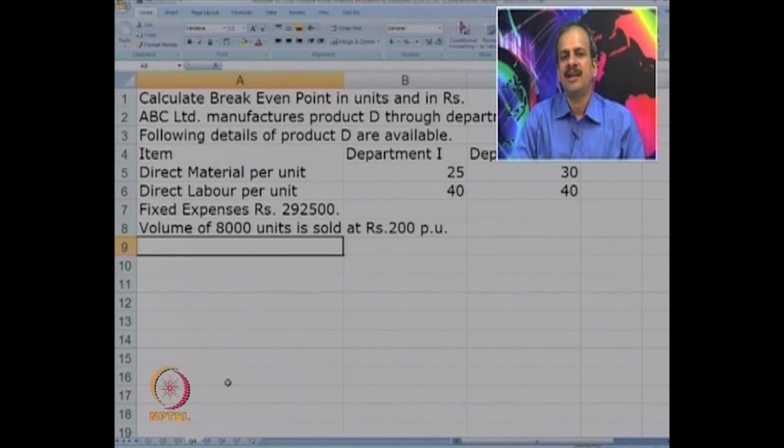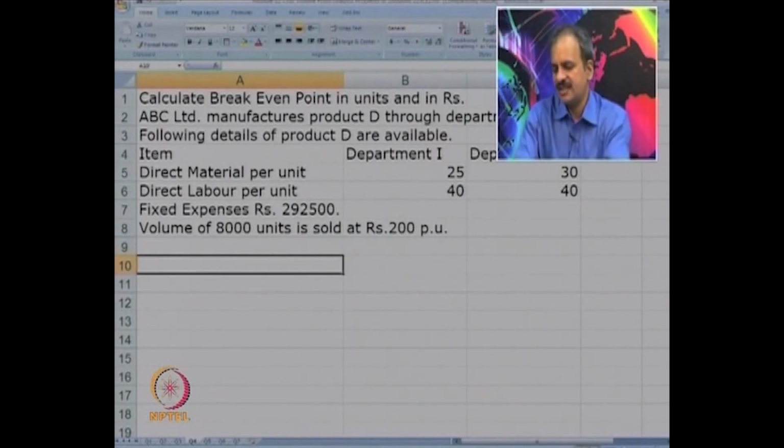The direct material and labor costs are given and the fixed expenses are 292,500. The volume currently is 8,000, but they want to know how much will be the point where they should be above profit or loss.